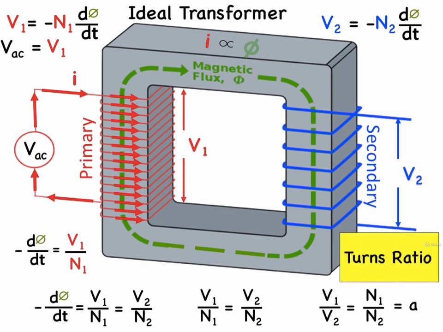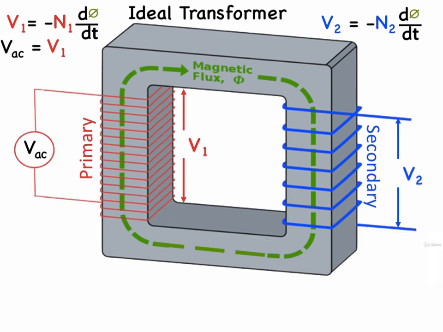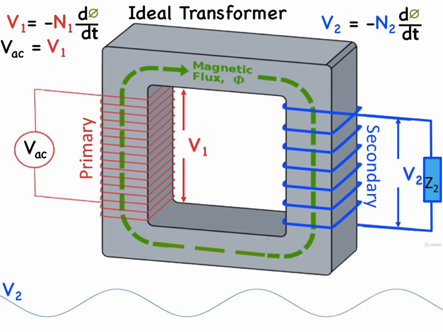These two ratios, V1 to V2 and N1 to N2, are known as the turns ratio of the transformer, and sometimes it is designated with the letter A. Now let's add some impedance to the secondary coil of the transformer. We know that the voltage drop across the impedance will be V2 and that it is in phase with the applied voltage VAC.